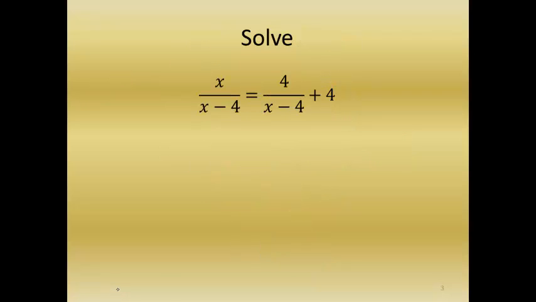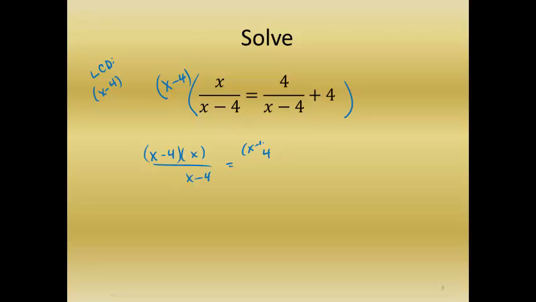That method is going to get applied here. I'm going to identify my least common denominator as x minus 4. That means that I'm going to multiply each piece by x minus 4. When I do that, x minus 4 times the x that's already there, and the 4, and I'm going to multiply that one times x minus 4 over x minus 4, plus this 4 times that x minus 4, and there is no denominator, so you can write a 1 if you'd like.